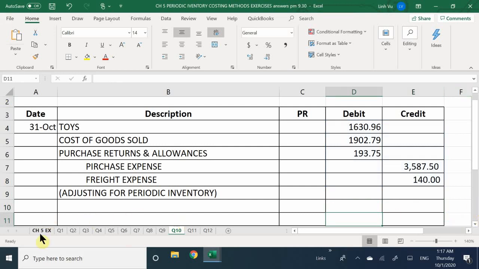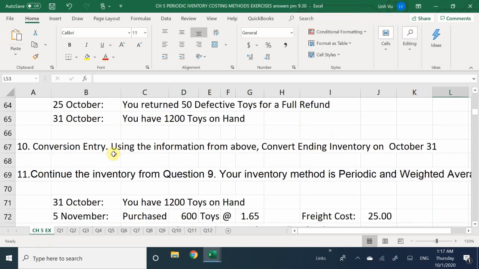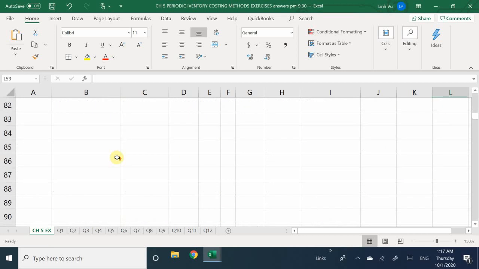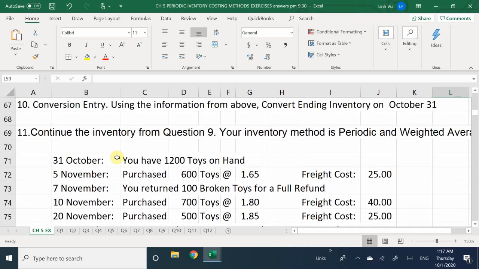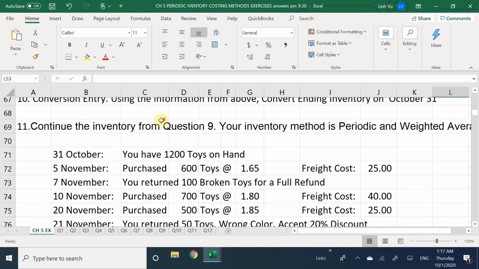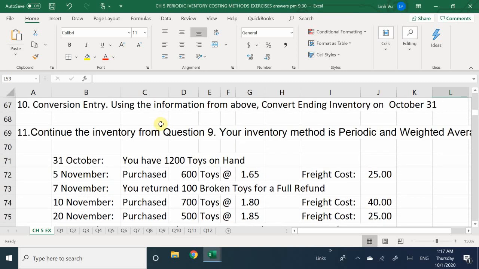Okay. So it says here for number 11, we're going to continue the inventory from question 9, and your inventory method is going to be periodic and weighted average. So in this case, on October 31st, you have 1,200 units on hand.